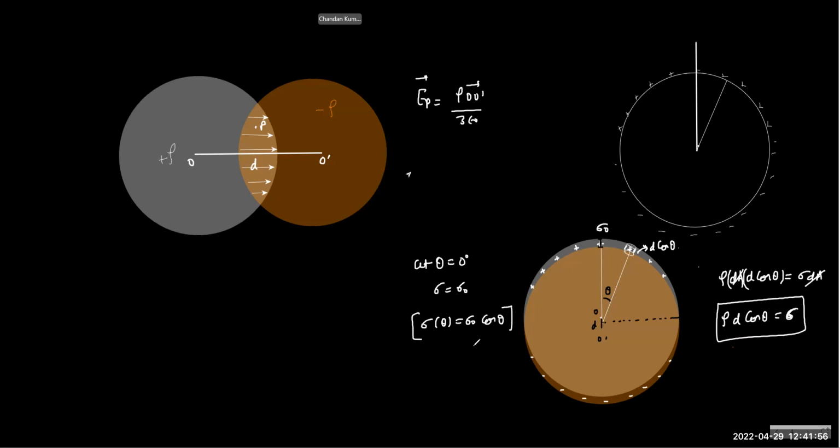So this is the reverse creation problem. In the examination, the actual question gave sigma as sigma naught cos theta, and what we are doing is creating the relation indirectly. Sigma naught is rho into D, because the thickness is D there.